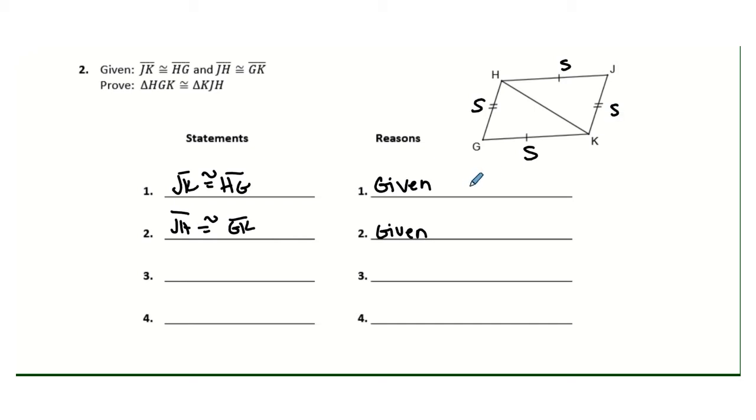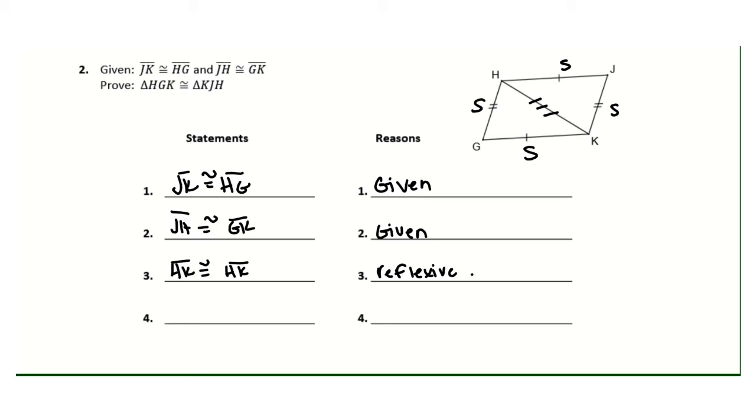They don't tell me anything about any angles, but isn't this side a part of both triangles? This triangle here and this triangle here. So can I say that this side is congruent to itself? So we know that HK is congruent to HK by the reflexive property.